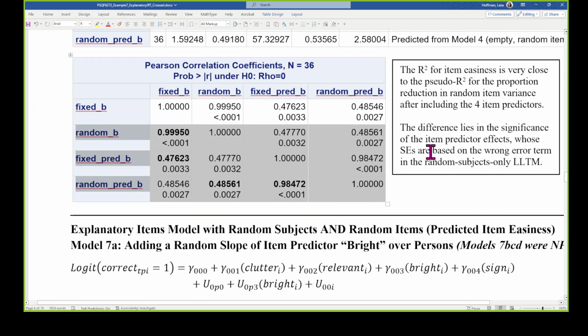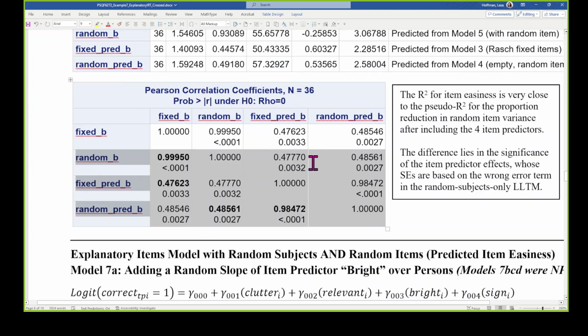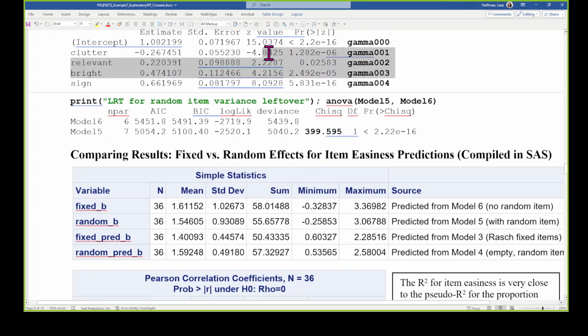So the effect size for how well my item features work is the same, no matter how I do it, but my assessment of the significance of those features is very different. In the model that doesn't have random item variance left over, everything is significant. In the model where it does, only the last one was. And the fact that I need random item variance left over means that I should not trust this model. And what I did was wrong.